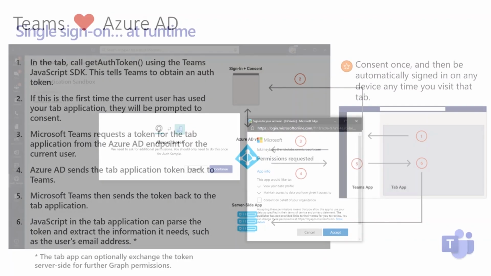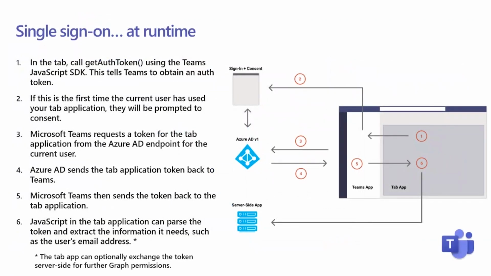Okay. Let's look at SSO at runtime. For anyone who's familiar with OAuth, this should be very familiar to you. So starting with bullet point 1, the tab has our SDK inside of it. And using that SDK, that tab calls getAuthToken. getAuthToken is the new single sign-on API that we are exposing inside of our SDK. Once that tab calls getAuthToken, it goes to Teams and it tells Teams to get the user to consent.